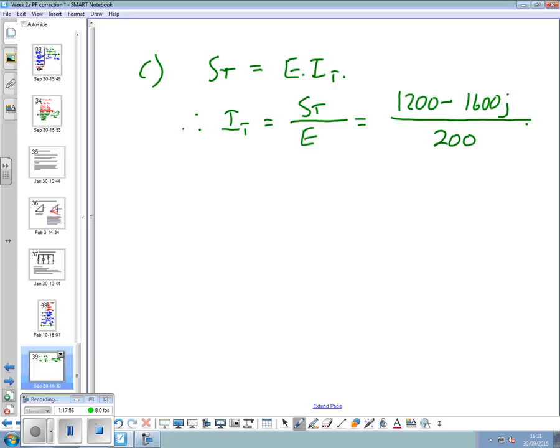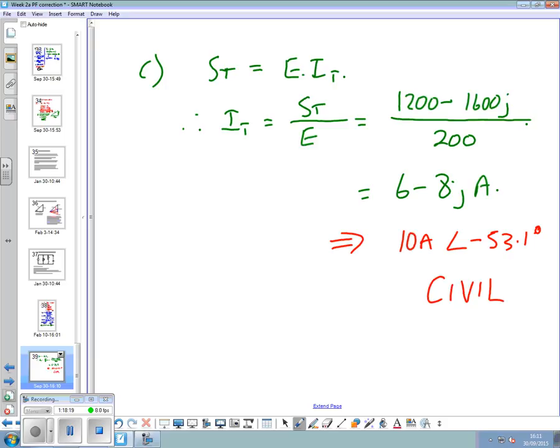Volt's got no angle associated with it, so that comes out at 6 minus 8J amps, and that converts to 10 amps angle minus 53.1 degrees. We know it's inductive in nature. Does it fit in with civil? Yes, a lagging current does fit in with civil. All right.